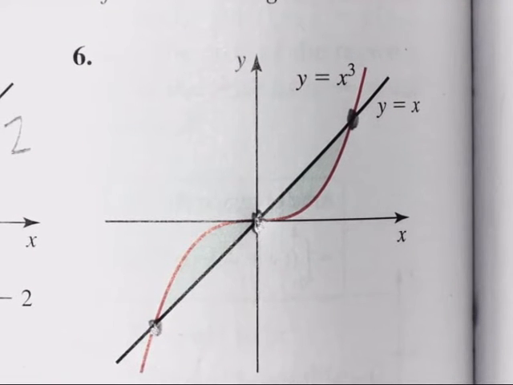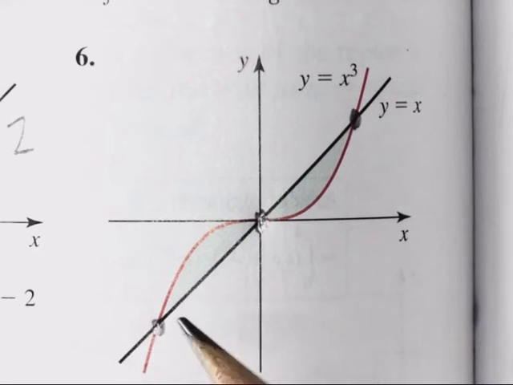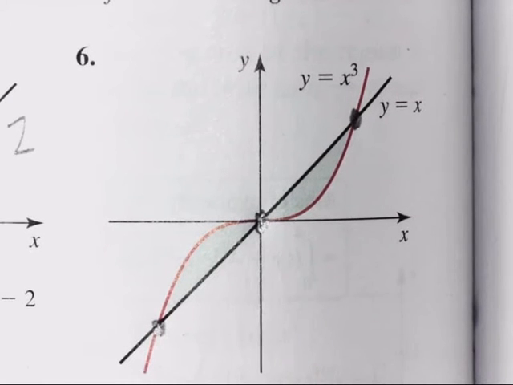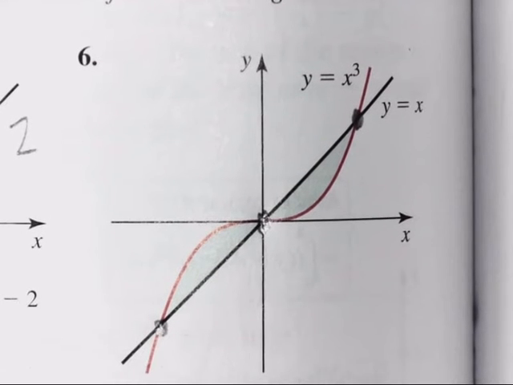Okay, so we first, once again, need to find these intersection points because that's going to give us our values for A and B, essentially the starting and stopping point of those regions. So to do that, once again, we're going to set those functions equivalent to each other.